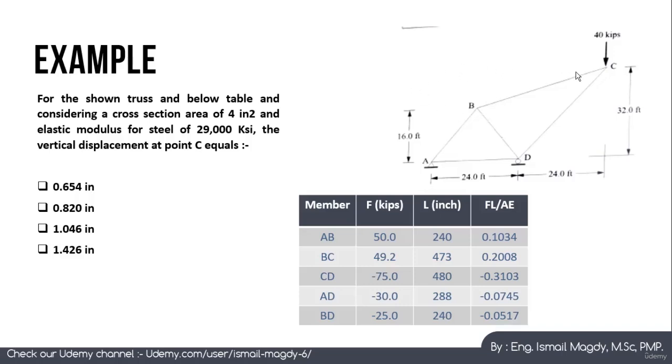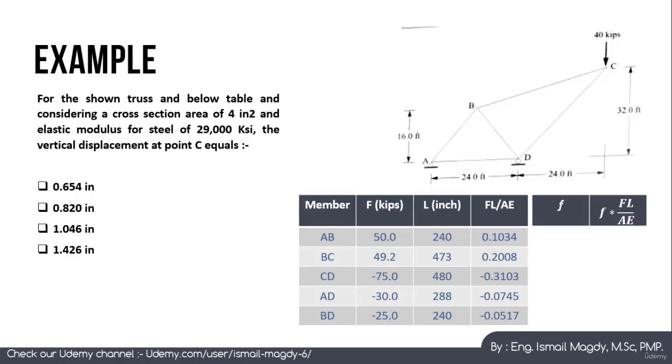We want to calculate the vertical displacement at point C, and this table is already given to us, with all members, F, which is the forces inside all members, L, which is the length of all members, and finally F multiplied by L over A multiplied by E. So all of this is given to us. Now we only need to calculate two terms: F small, and after that, F small multiplied by FL over AE.